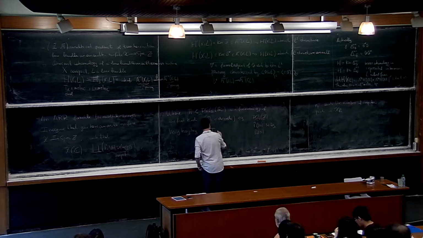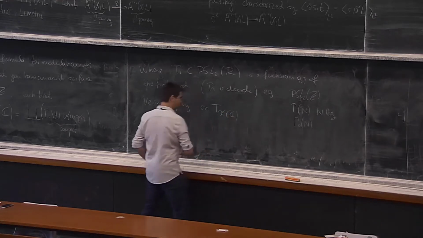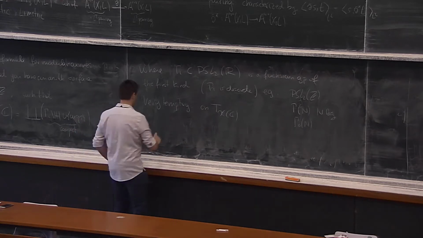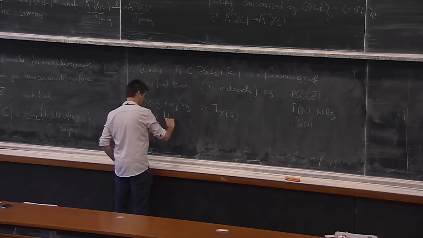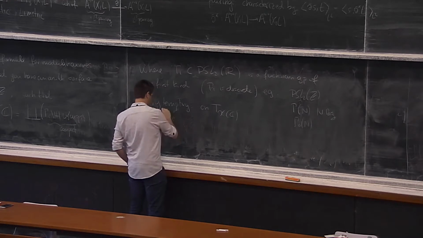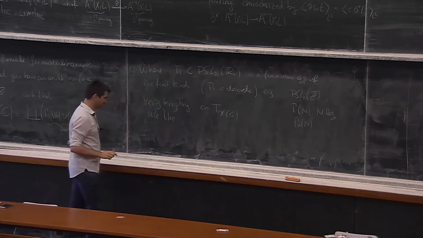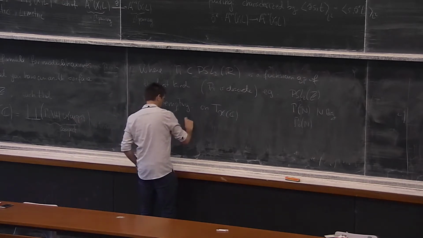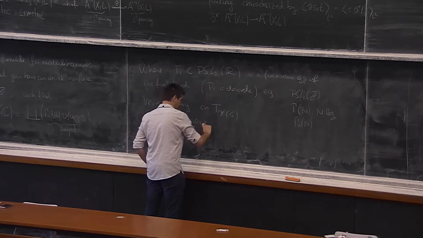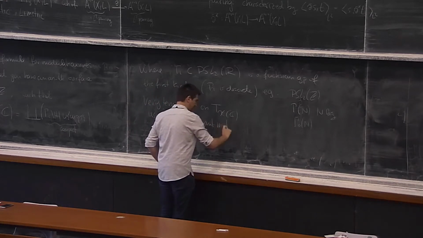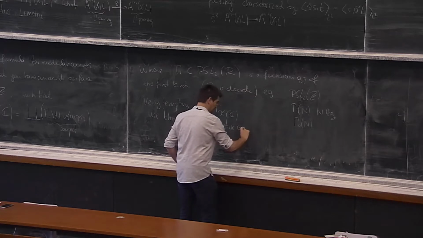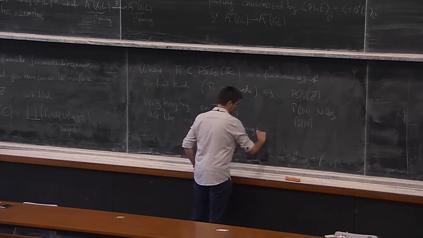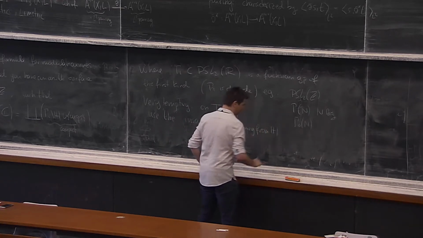On the tangent bundle, and hence also the dualizing sheaf, use the invariant metric coming from the upper half plane.